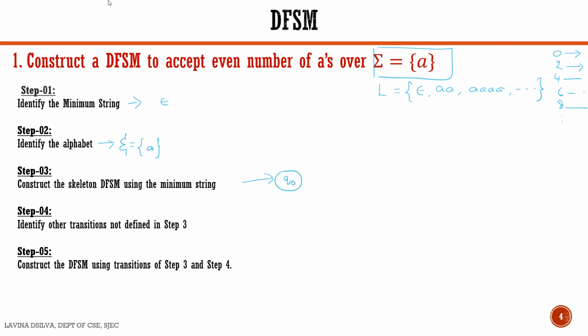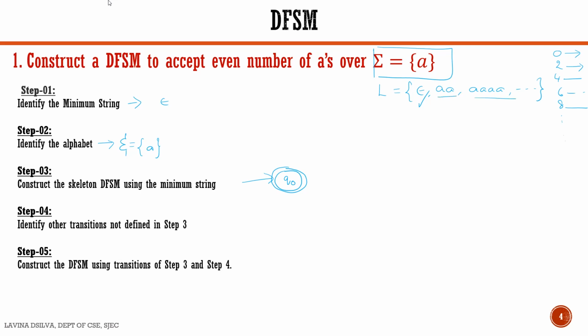Since it can accept the empty string, the start state itself will be the final state. Once we have finished constructing the skeleton DFSM for the minimum string, we go ahead with identifying other transitions which are not in this step, that is 2 A's, 4 A's together.